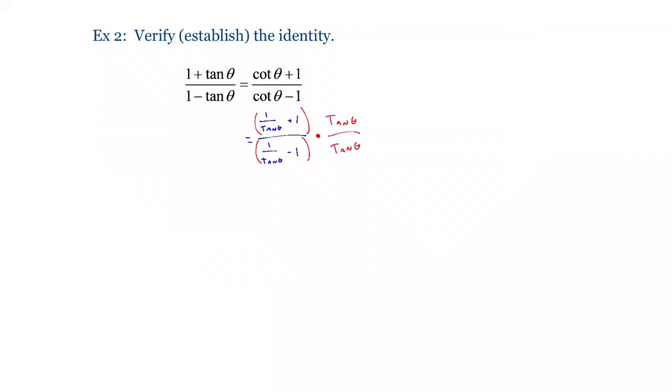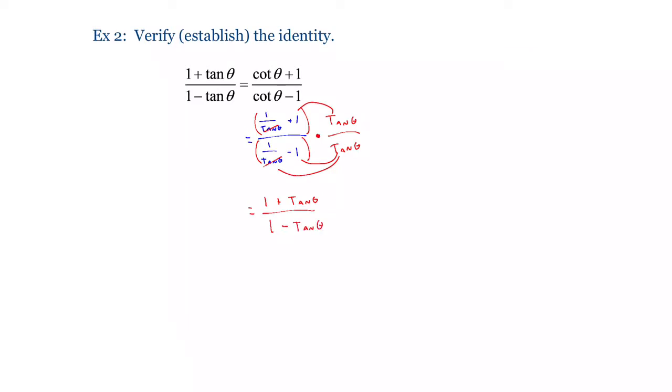So I'm going to distribute tangent of theta to the numerator, and that will cancel out this one. So you'll be left with 1 plus, and then it's 1 times tangent of theta there, so that's 1 plus tangent of theta. So that eliminates that complex fraction. And then on the bottom, you would multiply tangent of theta to the first term, so that would cancel and leave you with 1 minus, and then tangent of theta times negative 1 would be minus tangent of theta.